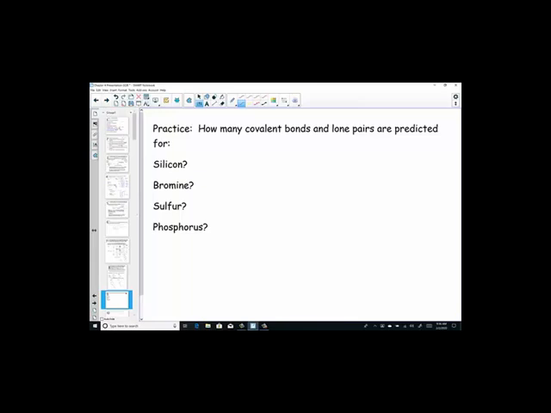So what does this mean? Can we apply a periodic trend to determine how many bonds and how many lone pairs are predicted for these examples? I want you to find the group number they live in and represent their Lewis dot. So for example, when you find silicon, its elemental symbol Si, do you see it right below carbon?